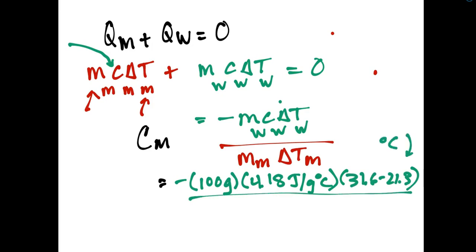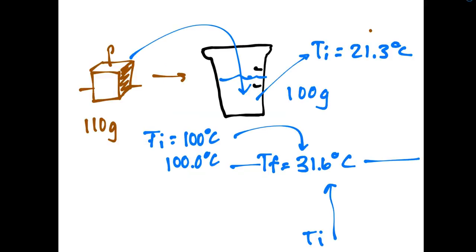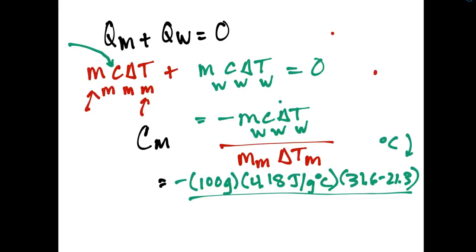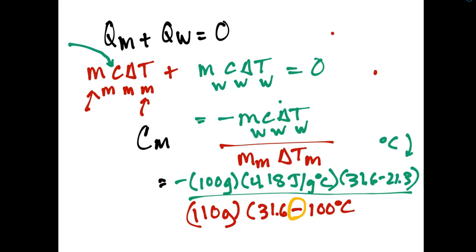The mass of the metal was 110 grams. So let's do that. And then the temperature change of the metal. Its final temperature was 31.6. And it started at 100 degrees Celsius. So you see what happens. This negative sign there, that negative sign there will cancel. Okay?